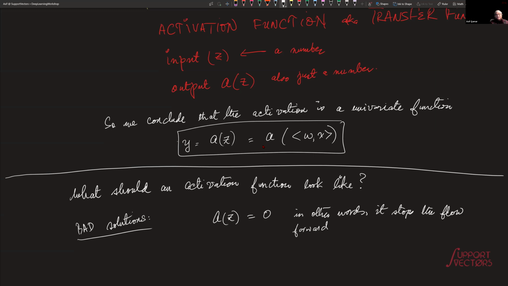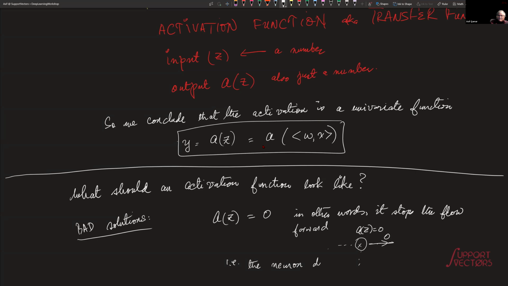So if such a neuron was sitting there in any layer and inputs were coming in, and A of Z equal to 0 were true, what would come out guaranteed is 0. In other words, this neuron is effectively a dead neuron, isn't it? It stops the flow forward, i.e., the neuron dies.